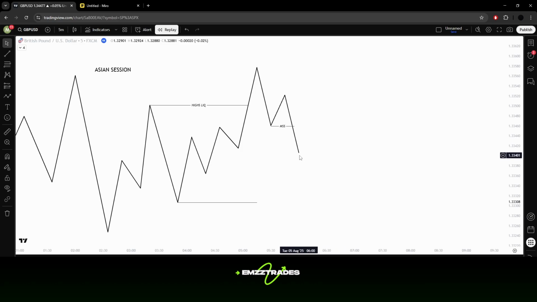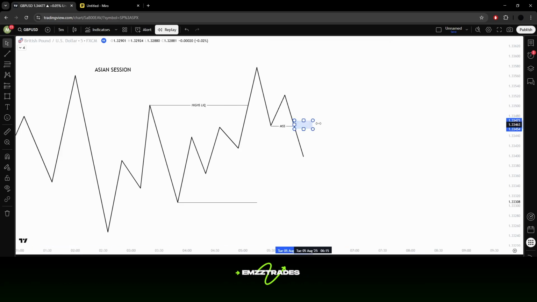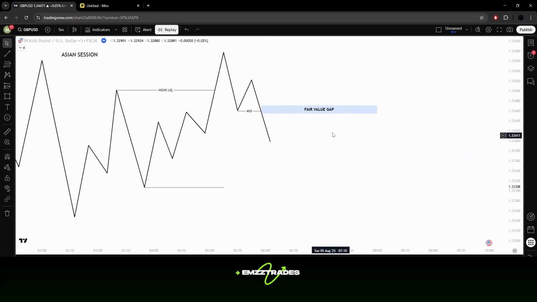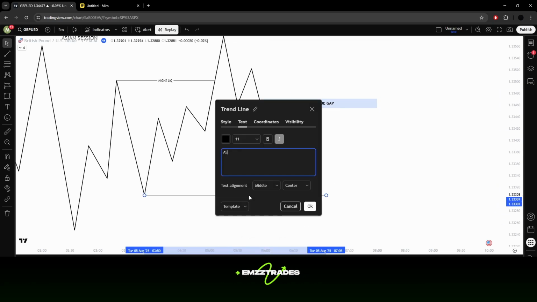And as soon as that's done, what you're going to be doing next is just waiting for price to come back into the market structure shift area, which the fair value gap will probably be around. So this would be your fair value gap right there. And now you're just waiting for price to come back down into the fair value gap area for it to go all the way down, completely smashing take profit at your Asian session's lows. So this is the Asian lows range right here.